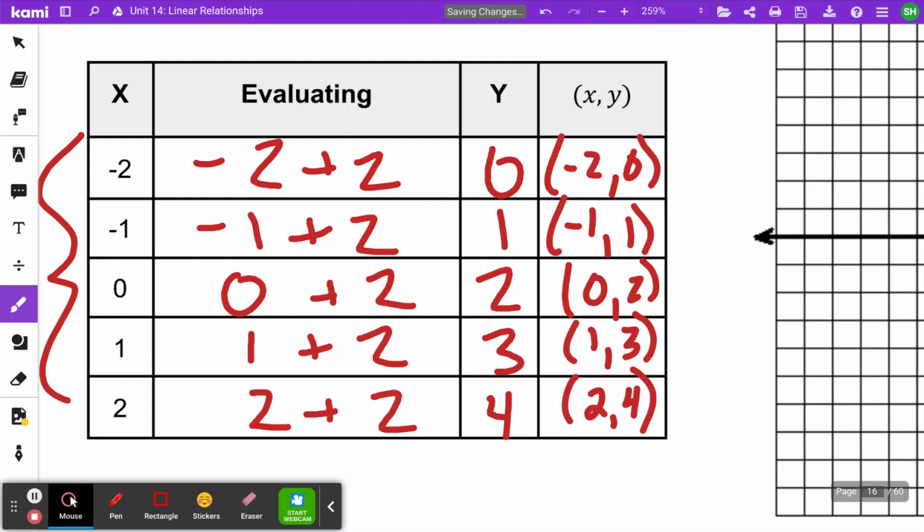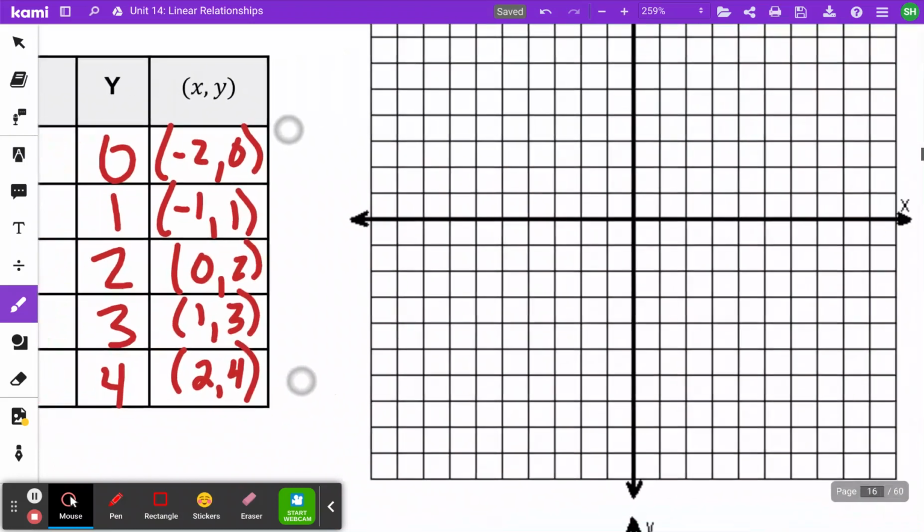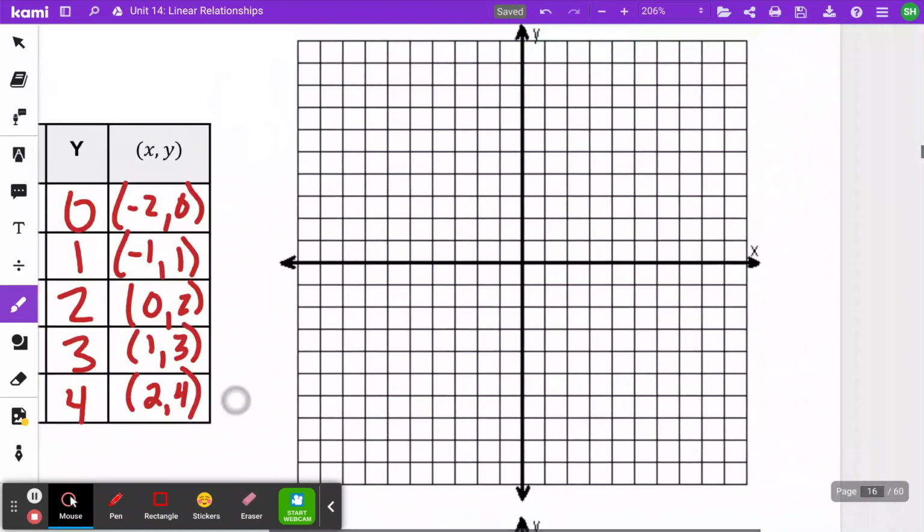What I can do is take those coordinates over to the graph and actually plot them now. So if I plot -2, 0, that's left 2 and none up or down. Then -1, 1 is left 1, up 1. 0, 2 is none left or right, but up 2. And then we have 1, 3 in line with that, and 2, 4 in line with that.